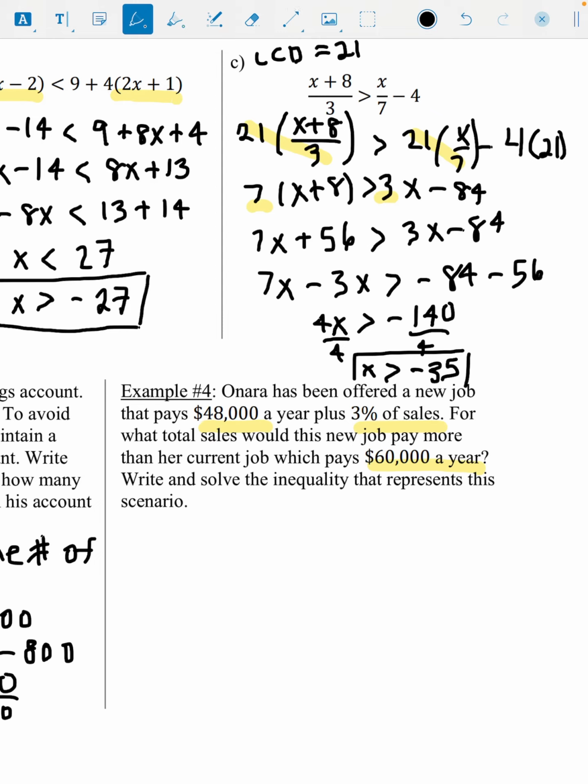So we can say let X represent the amount of sales. So let's try to set up this inequality.